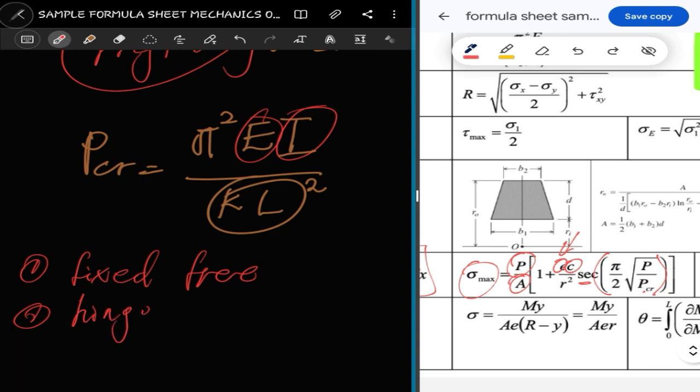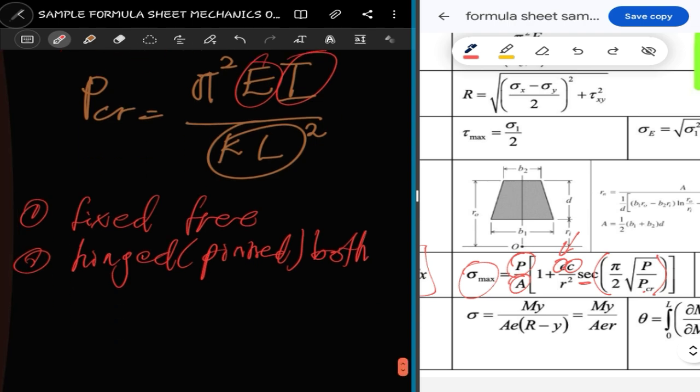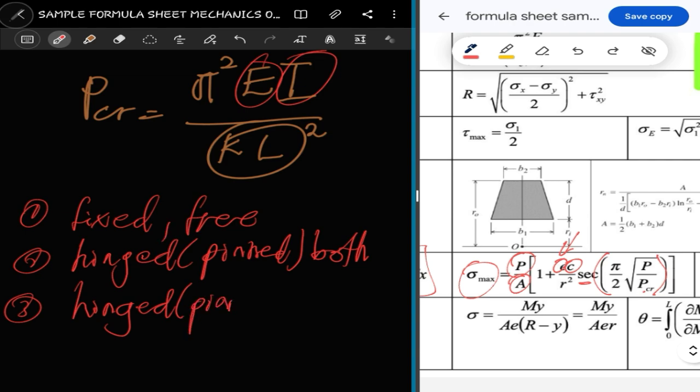If you hear hinged or pinned, they are the same. So both pinned, then one fixed and one pinned, and then both fixed.